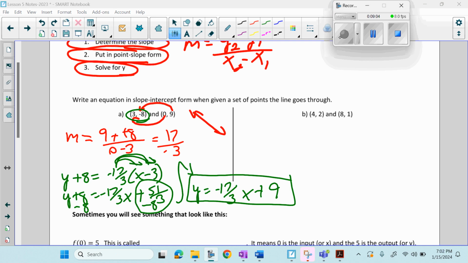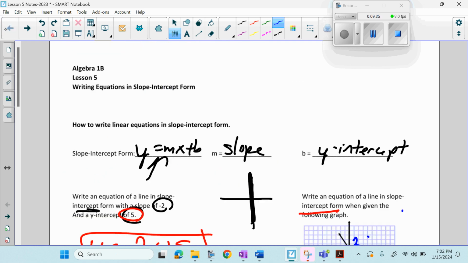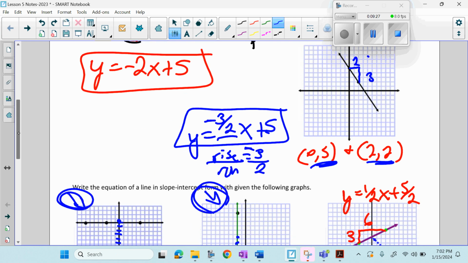But we could have done this so much easier. Does anybody see what I could have done that would have made this a lot easier? Okay, I'm going to give you a hint right here. If I would have chosen that point, that would have made that a lot easier. So I'm going to go back to this page.